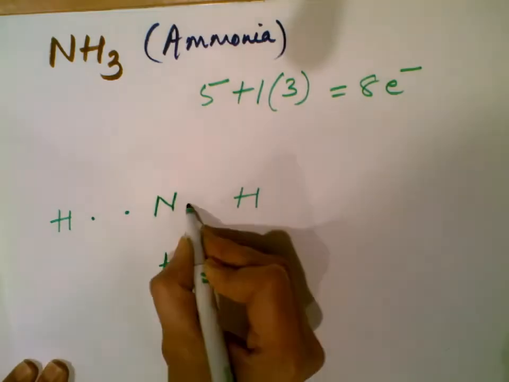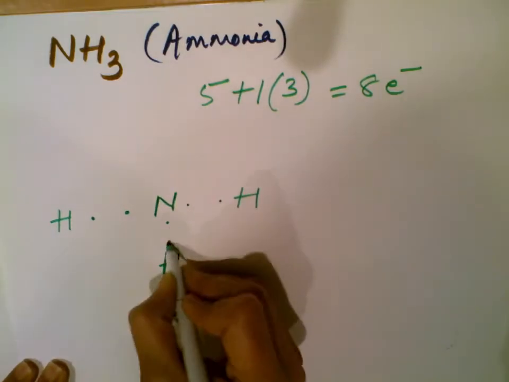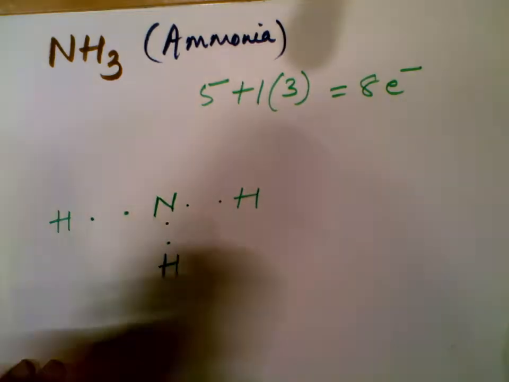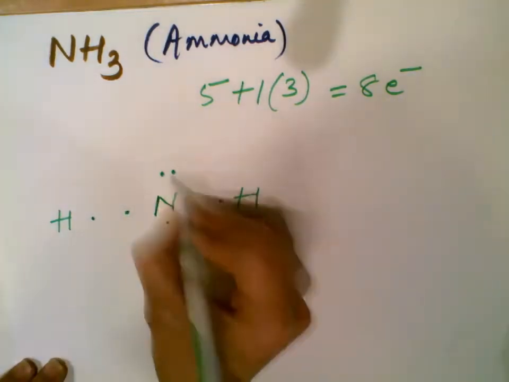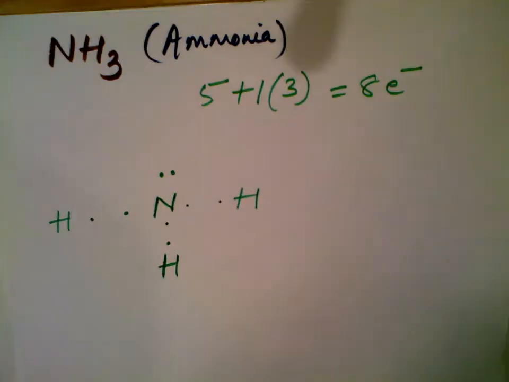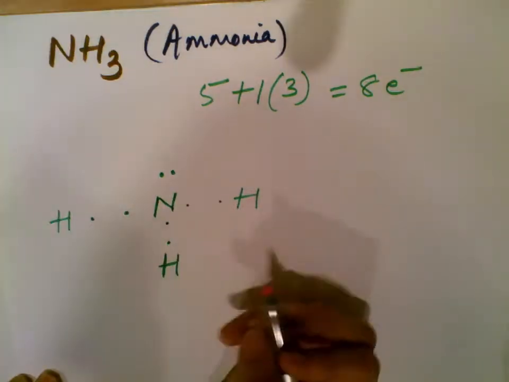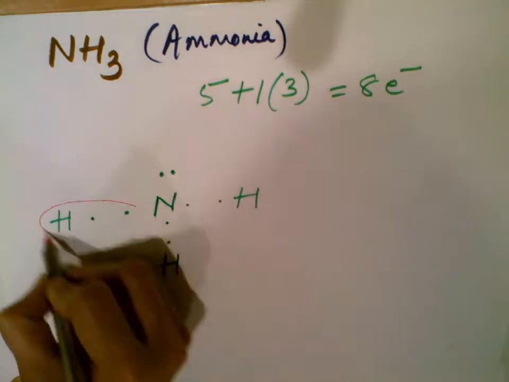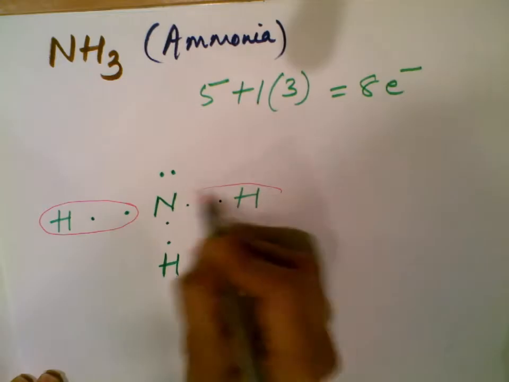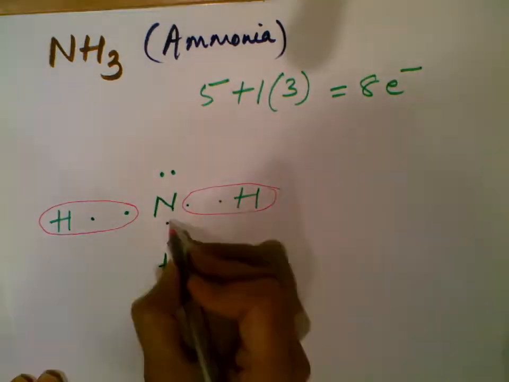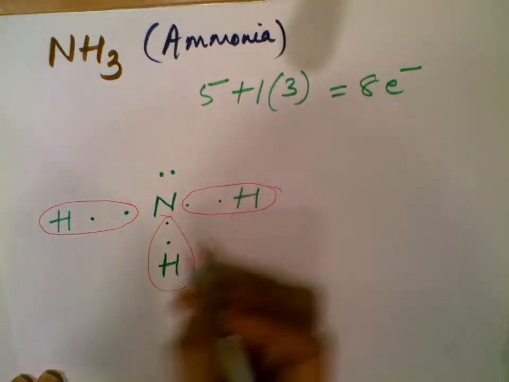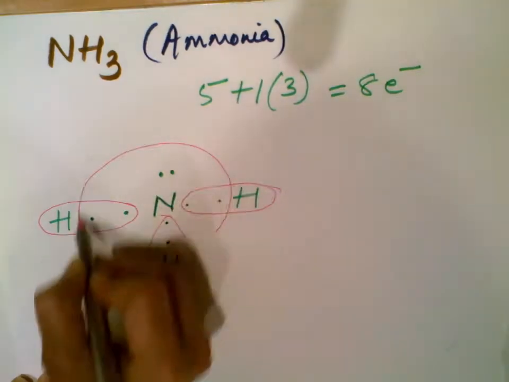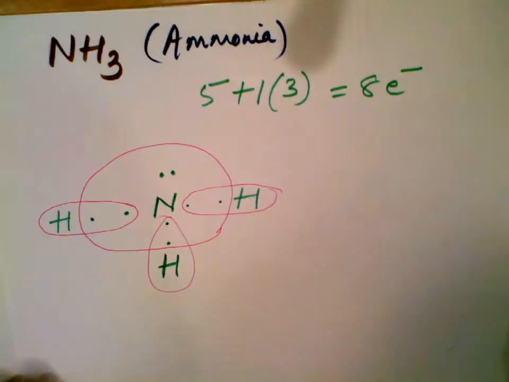1, 2, 3, 4, 5, 6. I can't put any electrons with hydrogen. Hydrogen atoms are already happy. I'm going to put those electrons here. Now let's see. 1, 2, 3, 4, 5. This one, good. This one, good. This one, great. Here you go.